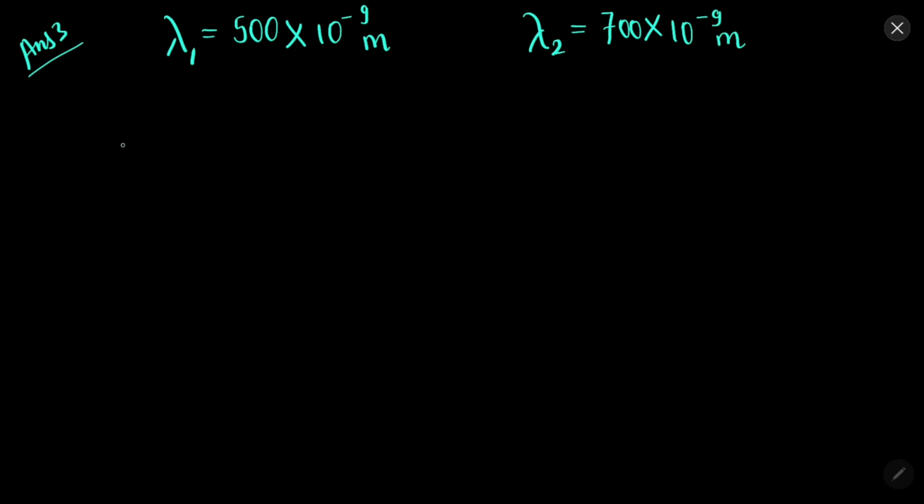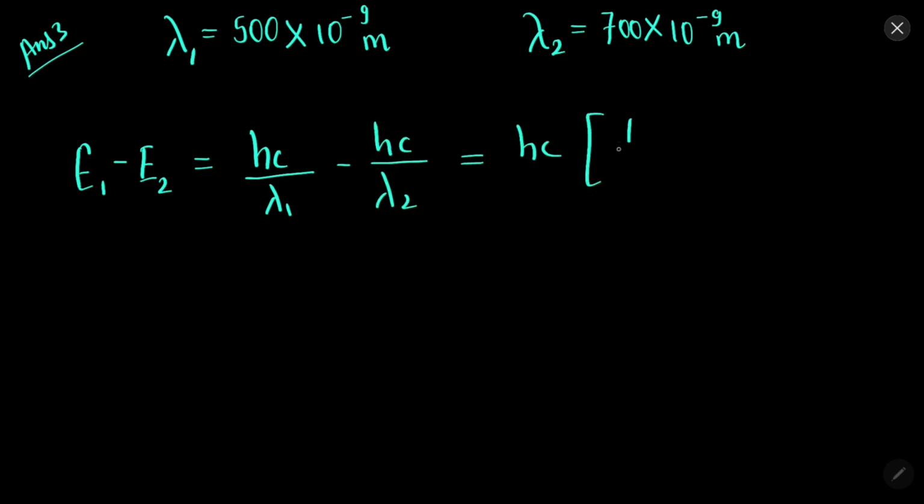So what we need to find is the energy difference, E1 minus E2. So hc over lambda 1 minus hc over lambda 2. Let's take hc common, 1 over lambda 1 minus 1 over lambda 2.